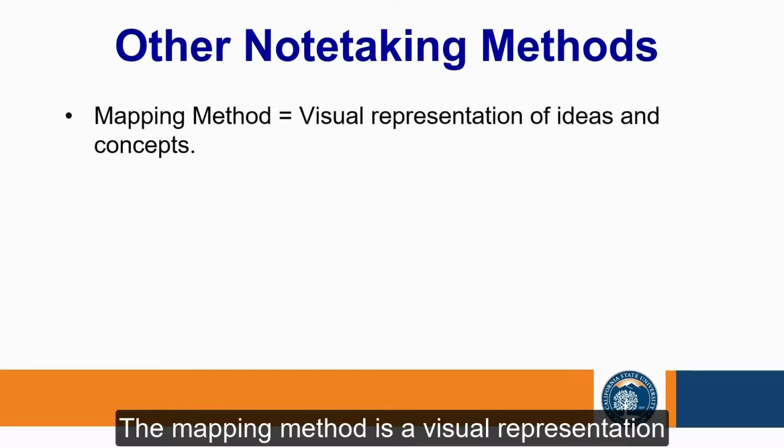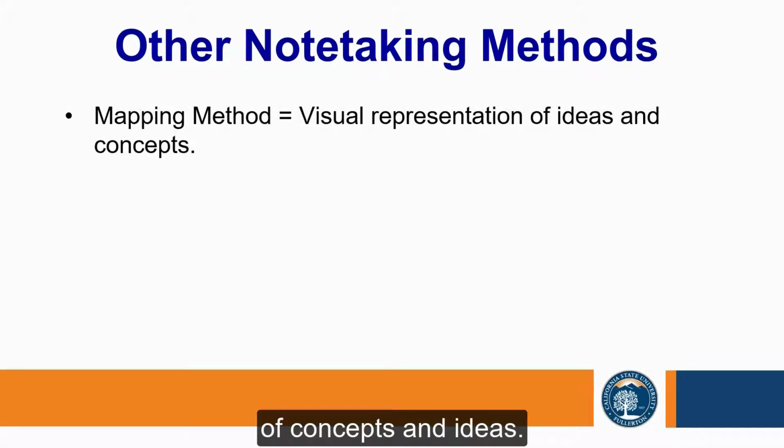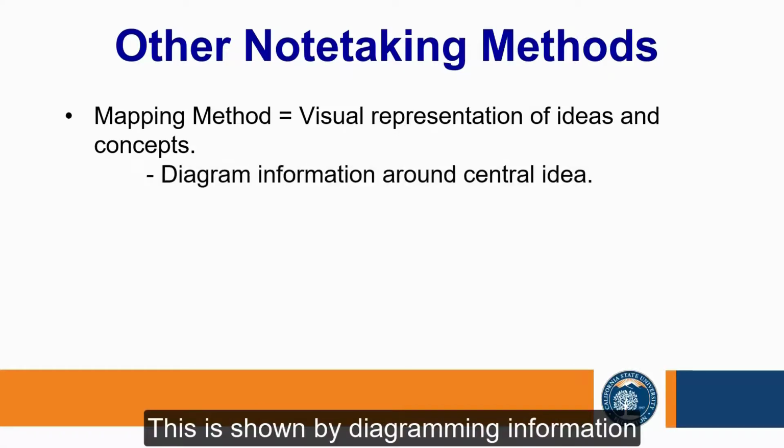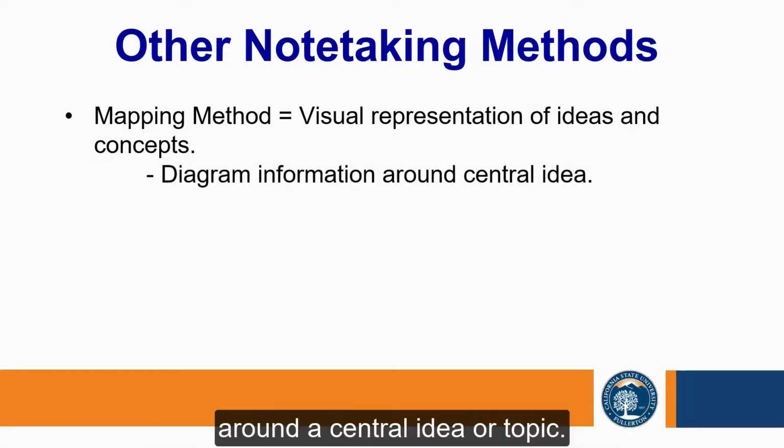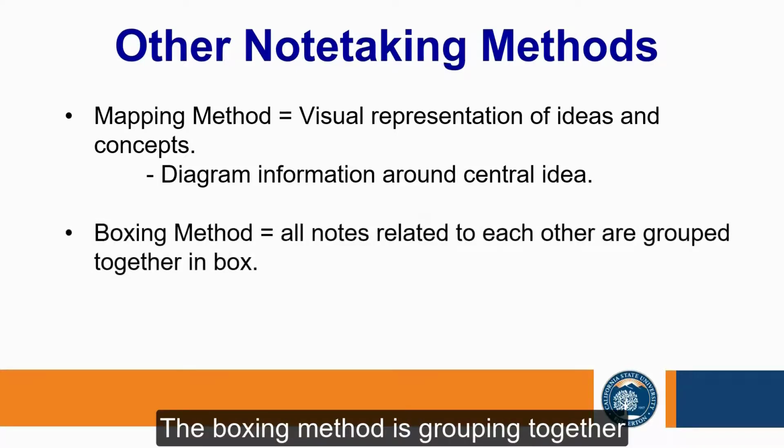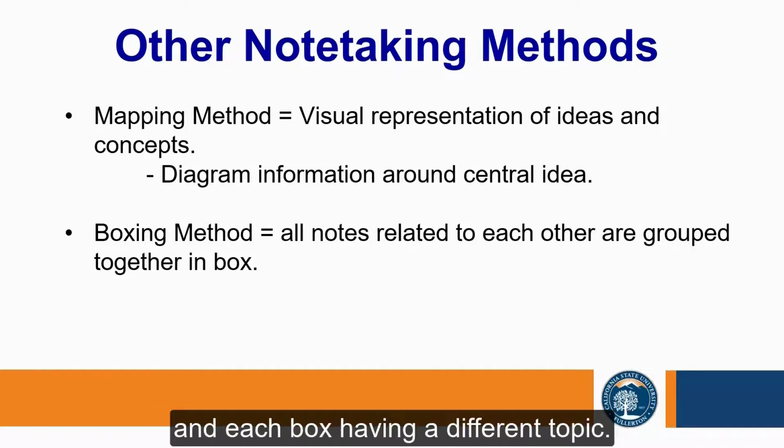The mapping method is a visual representation of concepts and ideas. This is shown by diagramming information around a central idea or topic. The boxing method is grouping together all notes related to each other into a box, and each box having a different topic.